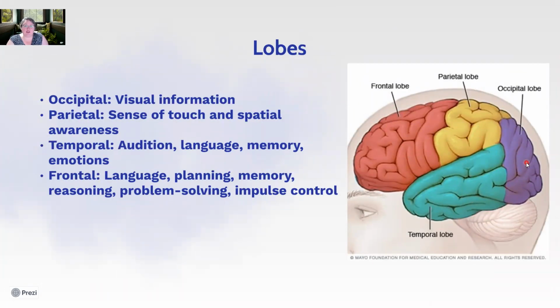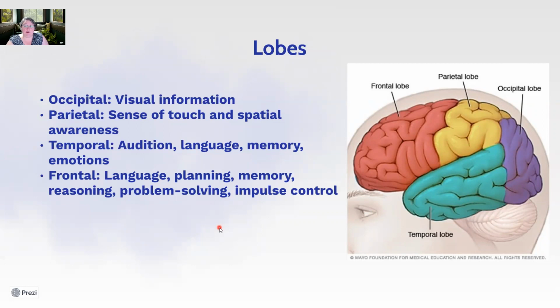Let's talk about the different lobes that are associated with the cerebral cortex. Let's start with the occipital lobe, which is back here in purple. The occipital lobe is associated with visual information. So it's actually connecting to our visual information here through the eyeballs.